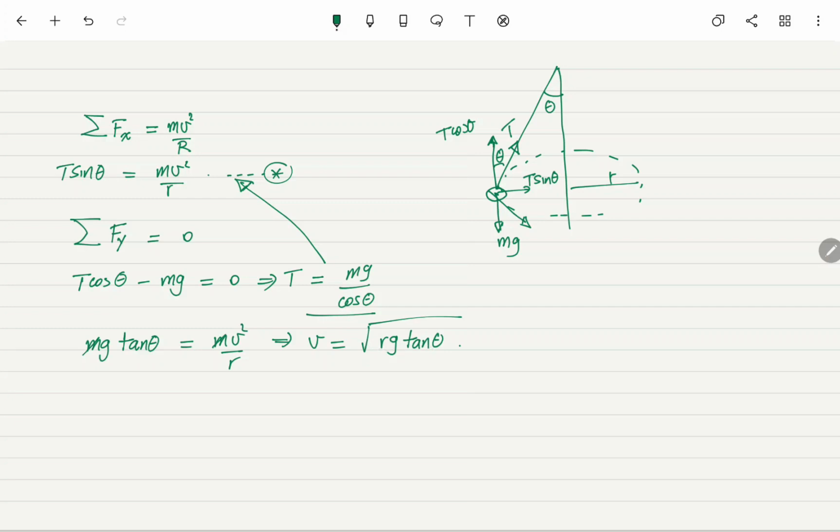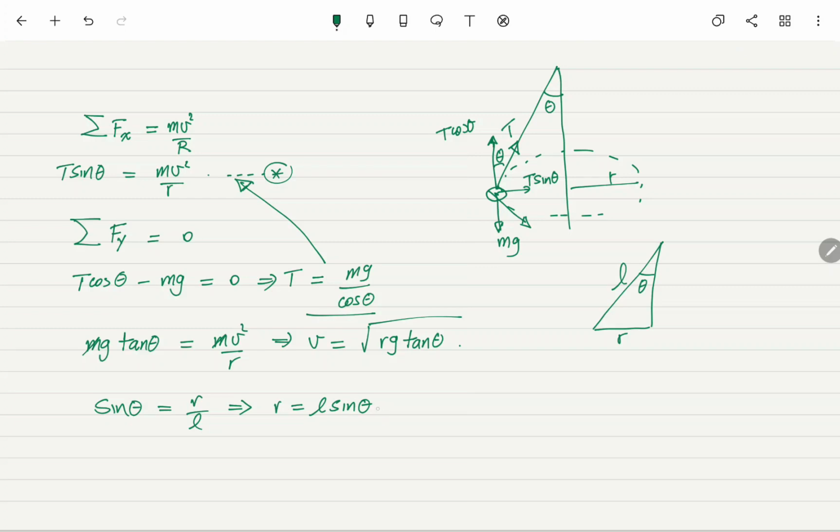Now in terms of the length of the rope, let's find r. So we have here a right angle triangle. If this is r, the radius for the circular path, and this is the length of the rope, and this is theta. Now sine theta equal to r over L, so r in this case equal to L sine theta.